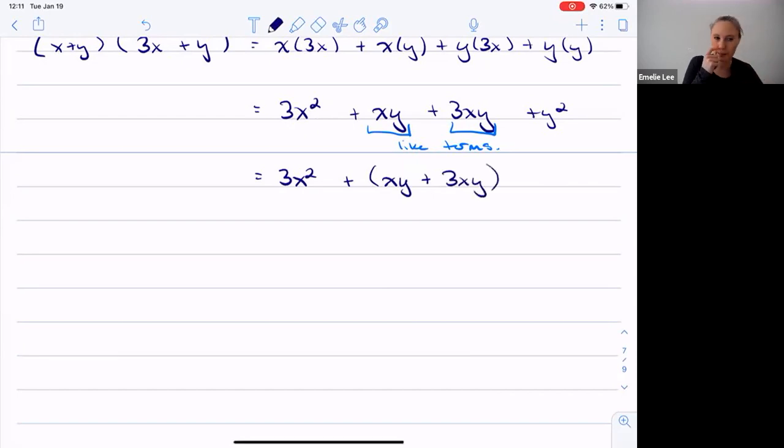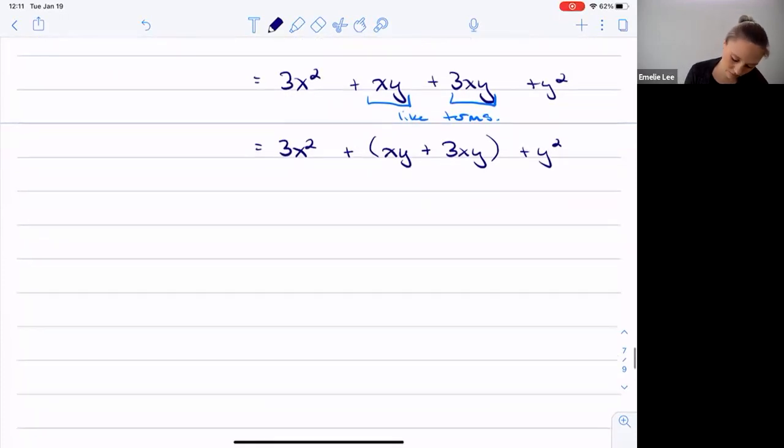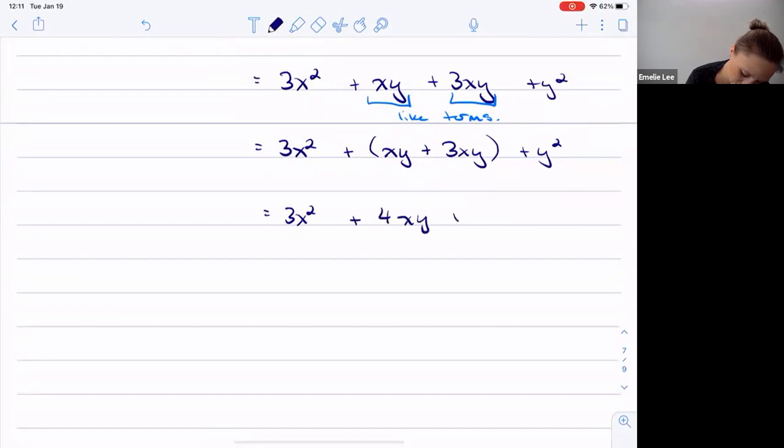I'm going to put in brackets to show that I can zip those up, plus y squared, which is 3x squared plus 4xy plus y squared. And then I'm simplified. Okay.